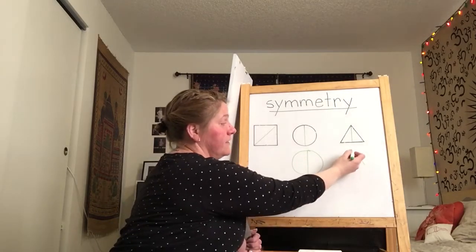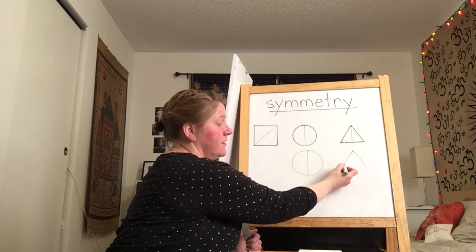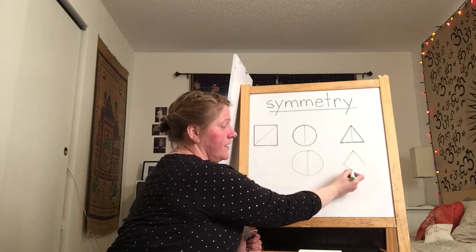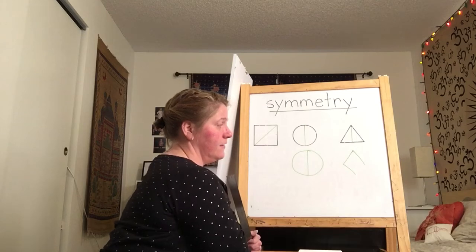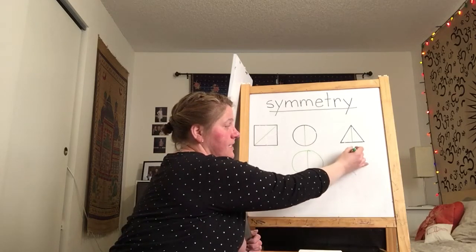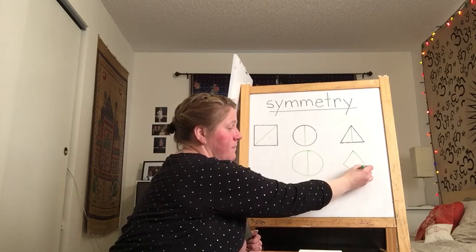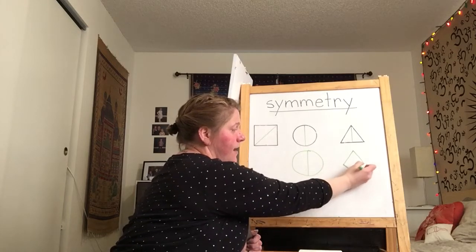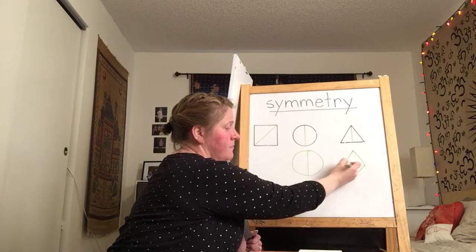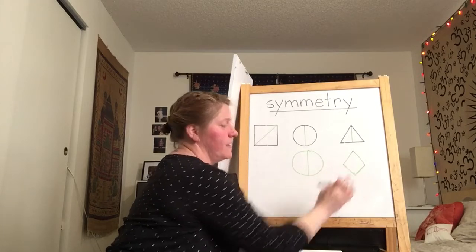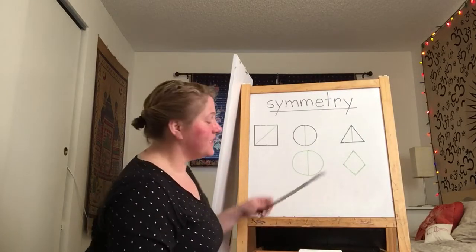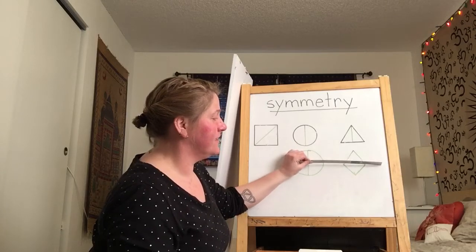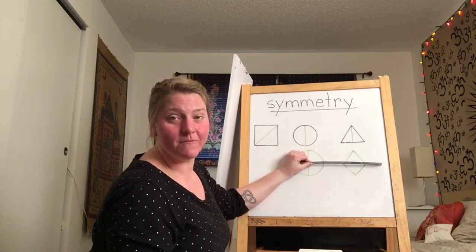So if this is coming down and out, that means this is going to come back in. And if this is coming down and out, that means this has to come back in. And then I have a mirror image, if my drawing was a little better. Do you see that? Because then I can divide it this way, and that's a mirror image.